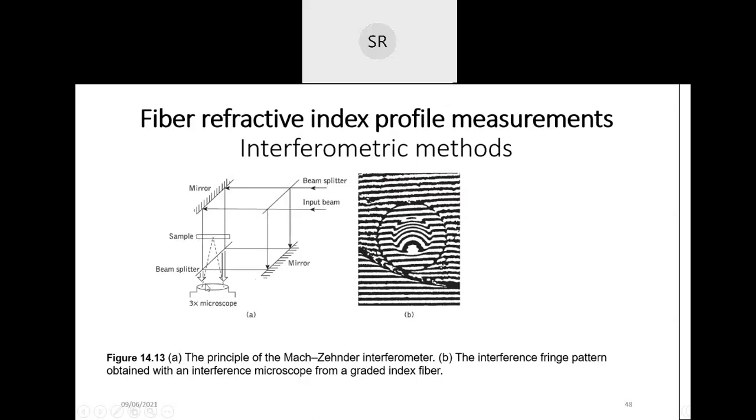That microscope is called an interference microscope, or we can say this method of measurement is called the interferometric method of measurement of the refractive index. In this method we can use two different techniques. Either we transmit the light, or we reflect the light through the interferometer.